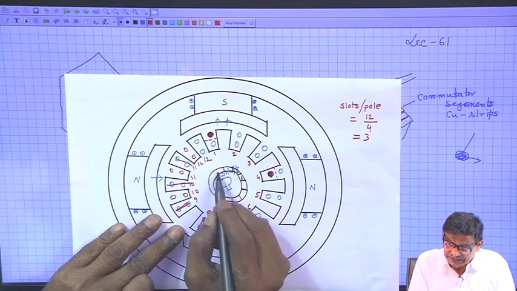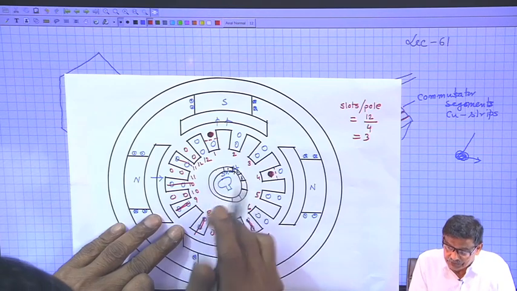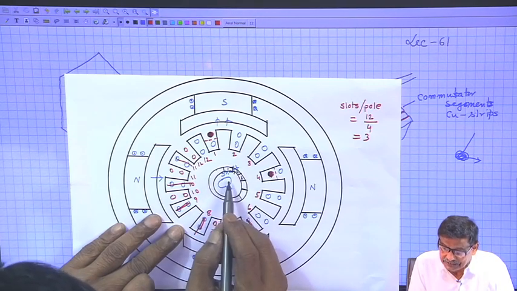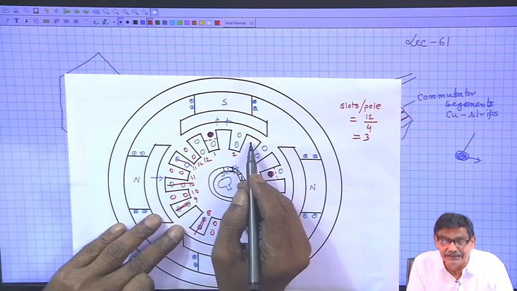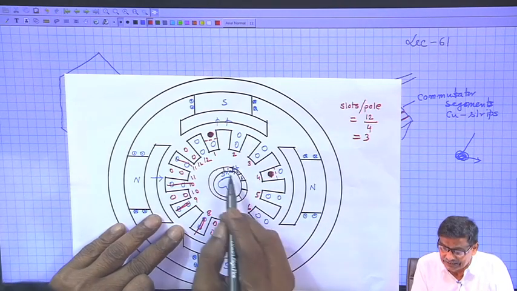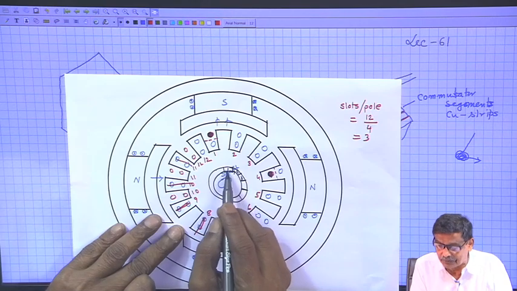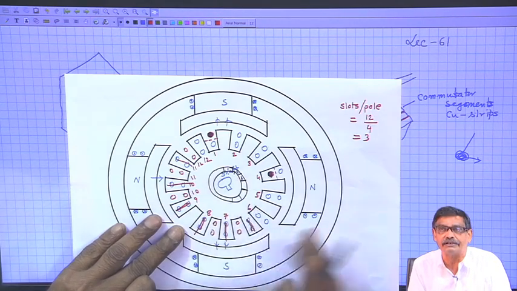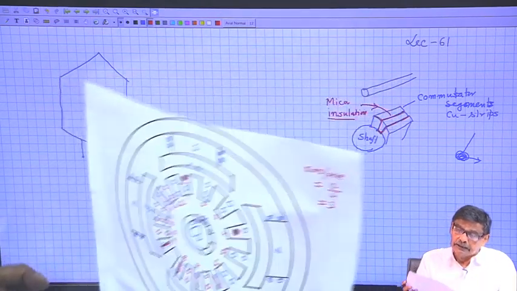On this shaft it will be shown over a small radius. It will be a replica of the rotor two-slot arrangement only, but anyway these are all commutator segments 1, 2, 3, 4, up to 16. Got the idea.